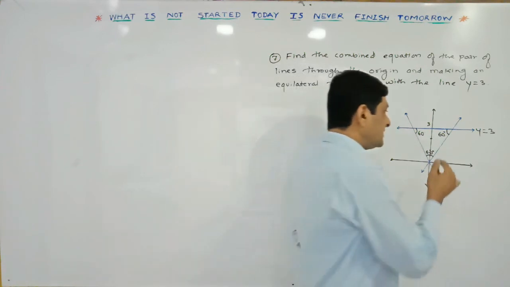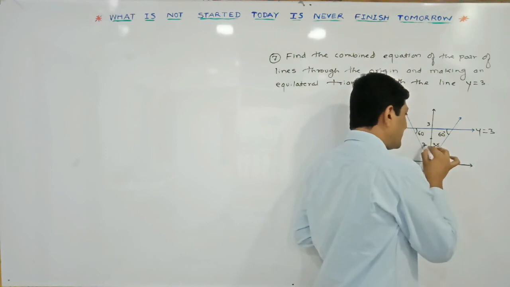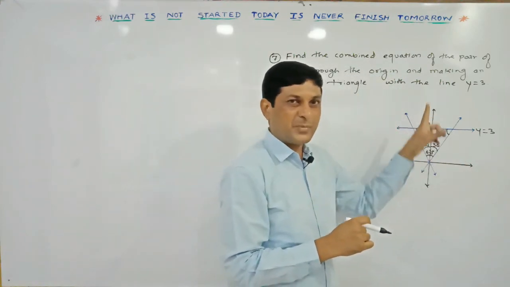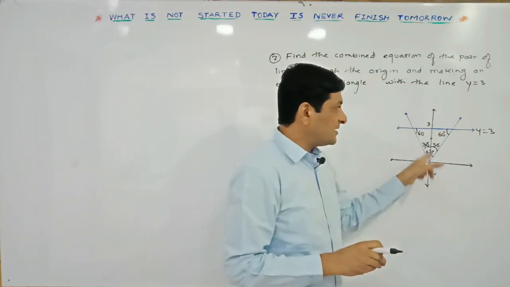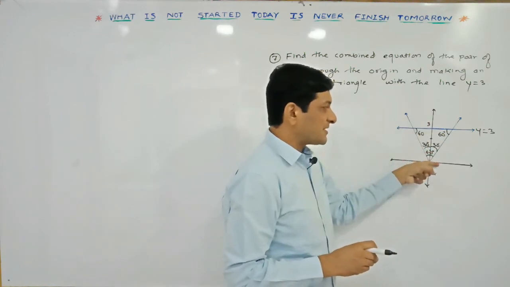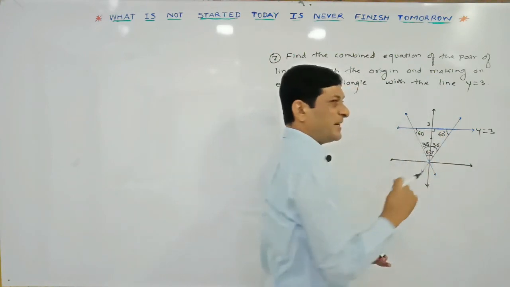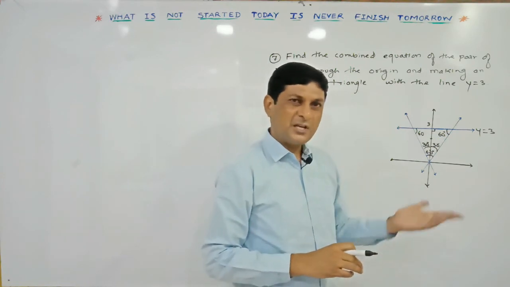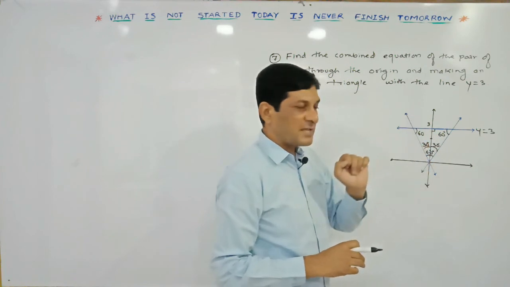So this angle is 30 degrees and this angle is also 30 degrees, because in an equilateral triangle the altitude, angle bisector, perpendicular bisector and median coincide. Why can we say it is an altitude? Because this line is parallel to the x-axis, so definitely it is perpendicular to the y-axis. Since it is perpendicular to the y-axis, this segment is the altitude, and if it is the altitude, it is the angle bisector also. So this angle is 30 degrees and this angle is also 30 degrees.